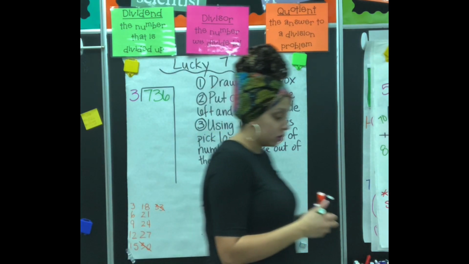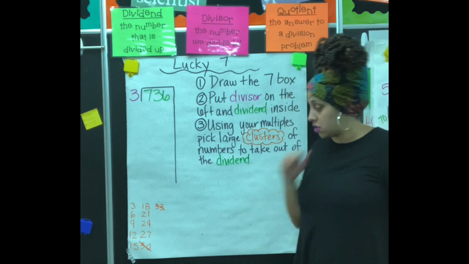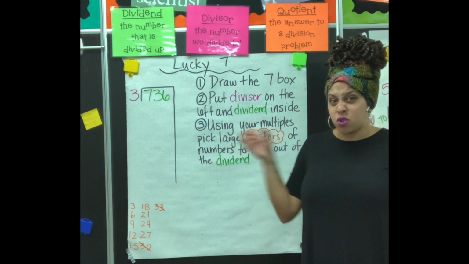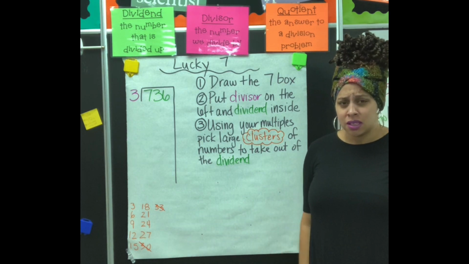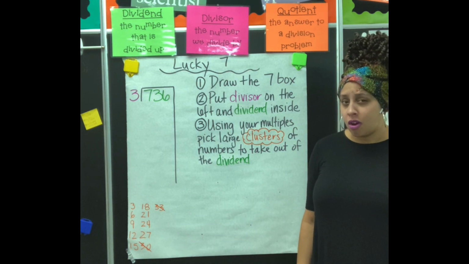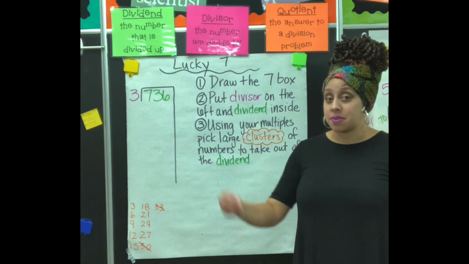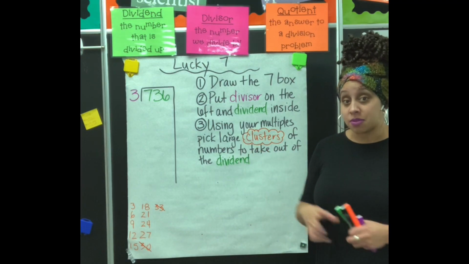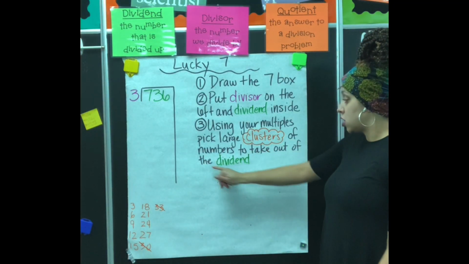Okay, so we are going to select large clusters, meaning big groups of numbers. And why big and not small? Hopefully we're saying because if we do small, we'd have to do more steps of it. But if we do large numbers, we're going to do smaller steps because we're taking out bigger chunks of the number. So we take out big chunks of the dividend.